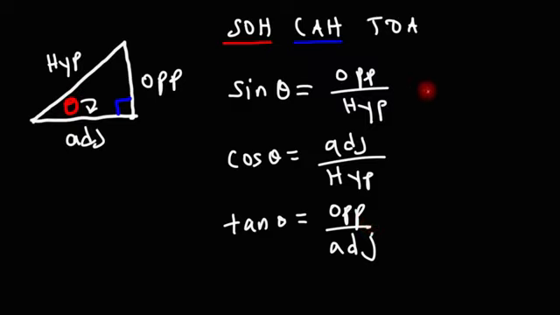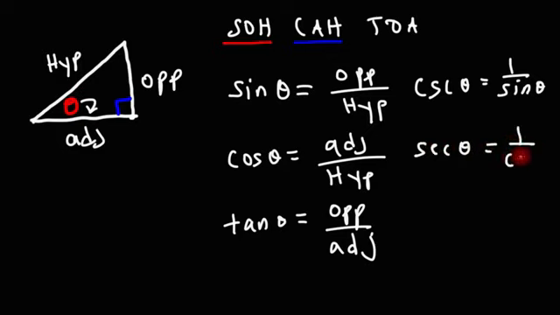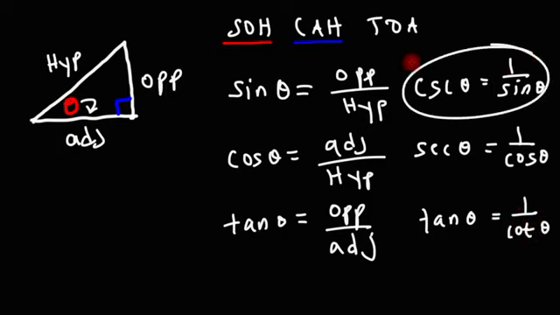Next, we have the reciprocal identities. Cosecant theta is 1 over sine theta, and secant theta is 1 over cosine theta, and tangent theta is 1 over cotangent theta. So notice this equation here.